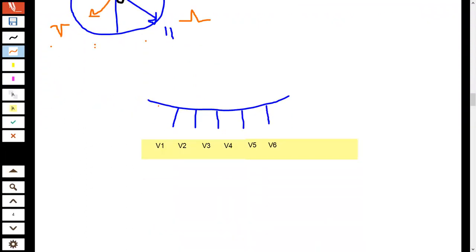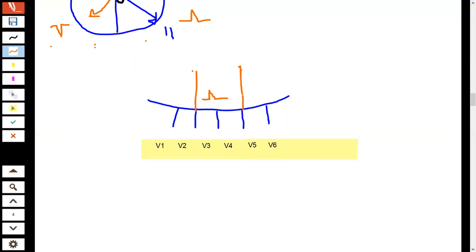About the chest leads, we have a slightly different way to deviate to right or left. If we just talk about here, leads V3 and V4 basically lie centrally, so they have the positive QRS complex. If leads V3 and V4 are normal, we call it the normal QRS complex.